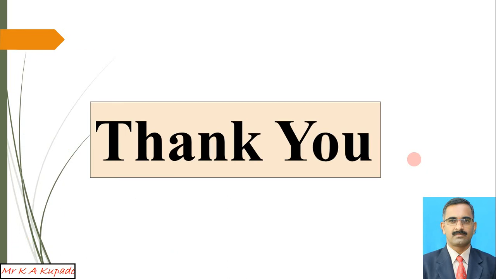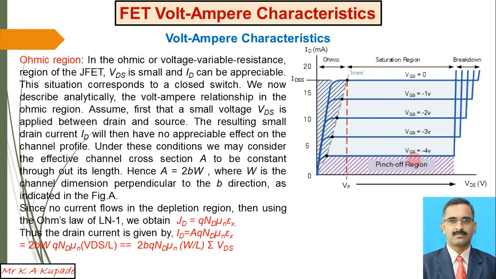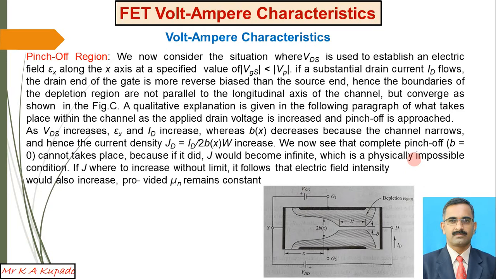Here VG is less than Vp, in the sense that we are considering the 0 to Vp portion of the characteristics, the ohmic region, where the current increases linearly with small VDS. There is a VGS which is less, and due to that, pinch off is not established. But when we increase the VDS, then we get the pinch off voltage.